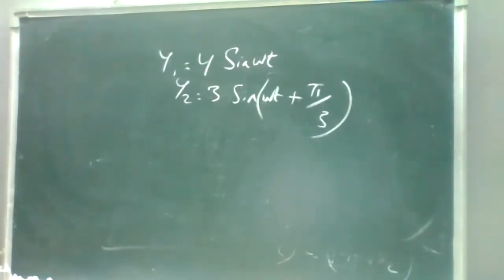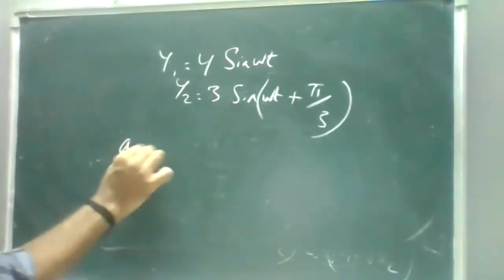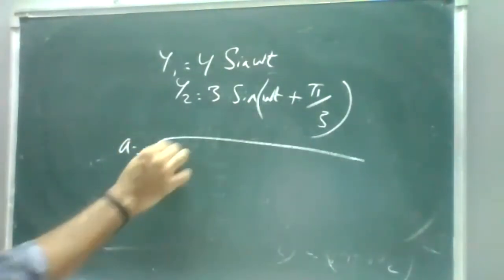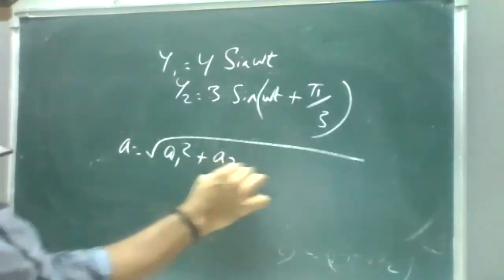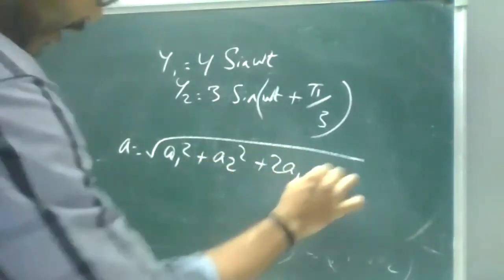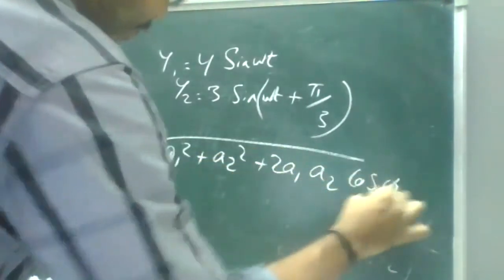The relation is A is equal to square root of A1 square plus A2 square plus 2 A1 A2 cos phi. This phi is your phase difference.